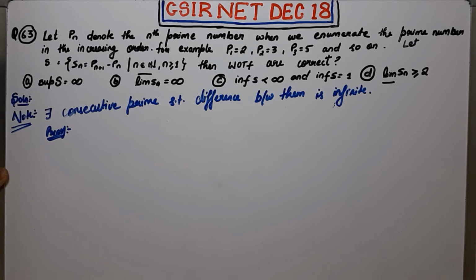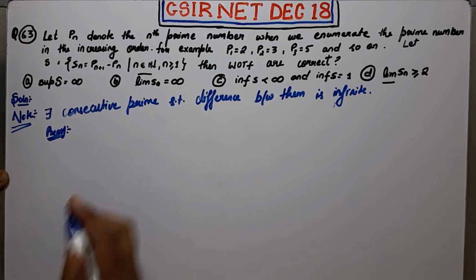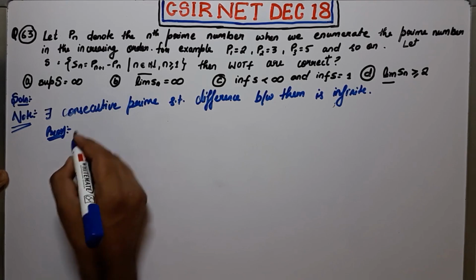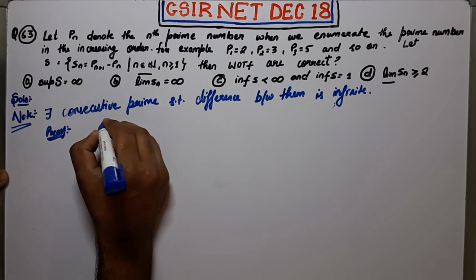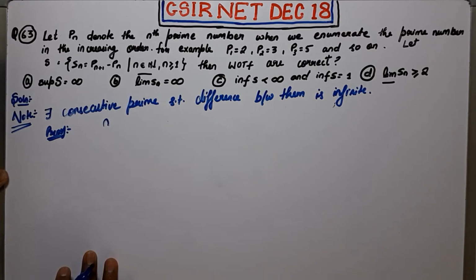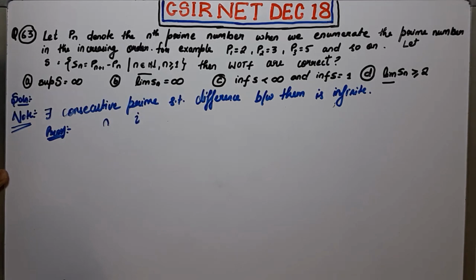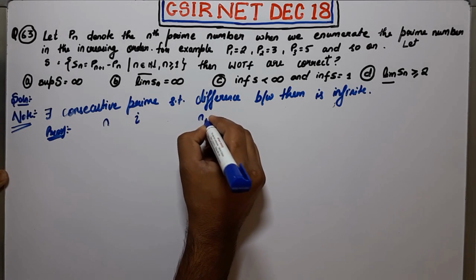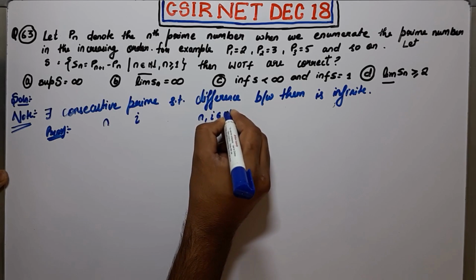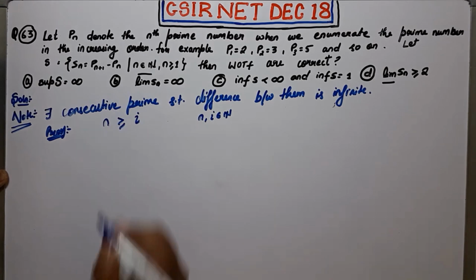So you have to show that there exist primes so that the difference is infinite. Before that, let us consider a number n belonging to the natural numbers, and i also belonging to the natural numbers, such that n is greater than or equal to i.